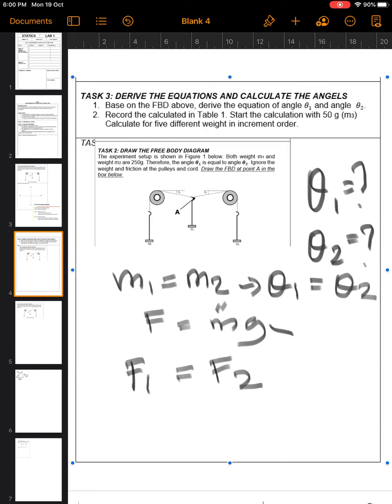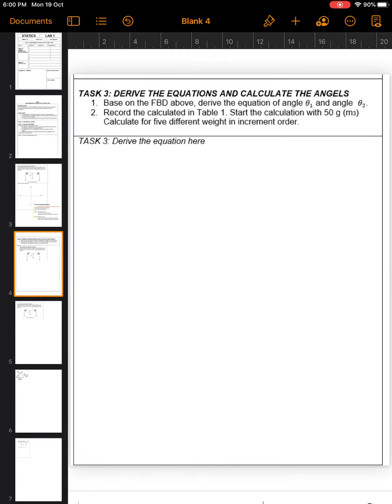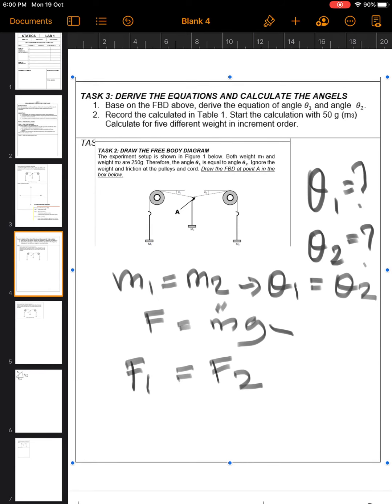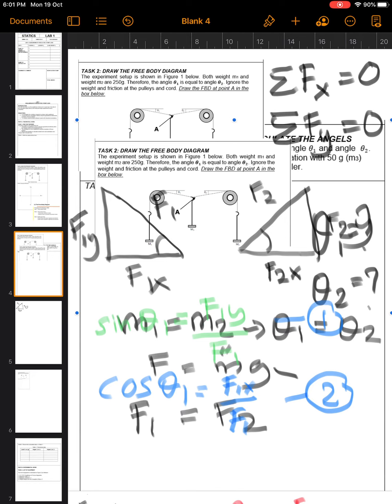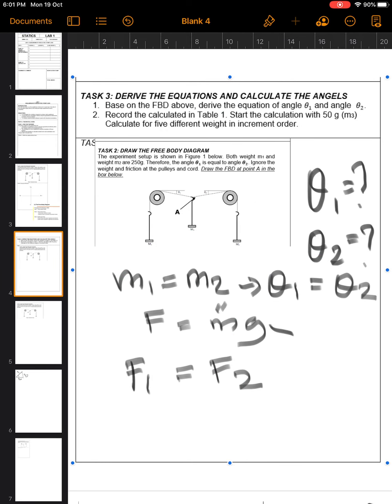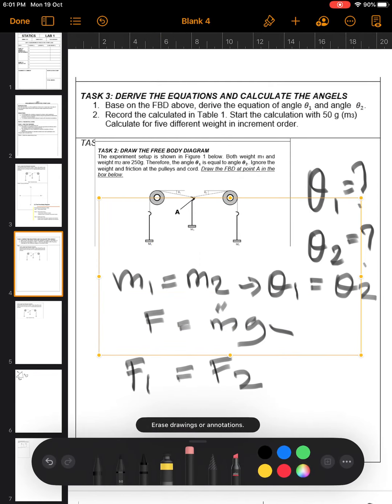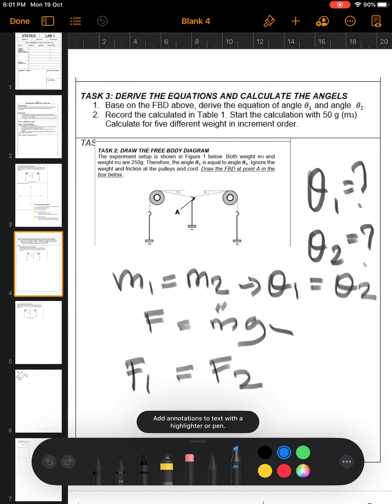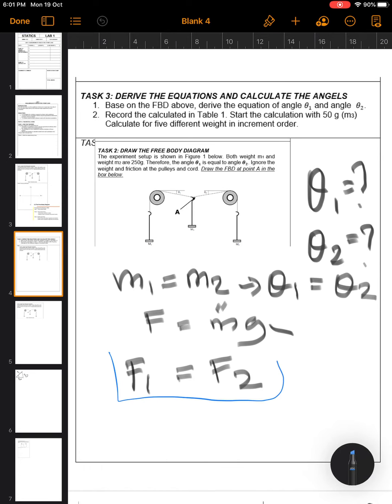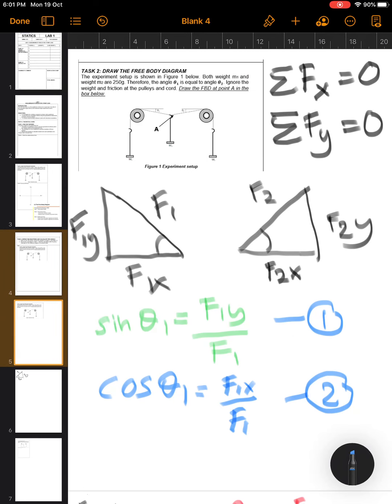Since mass is constant and gravity is constant, we know that F1 is equal to F2. Okay, so we go to next.